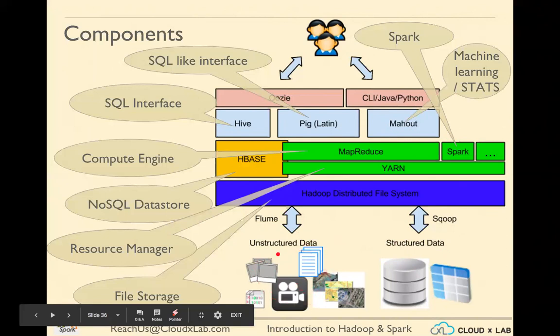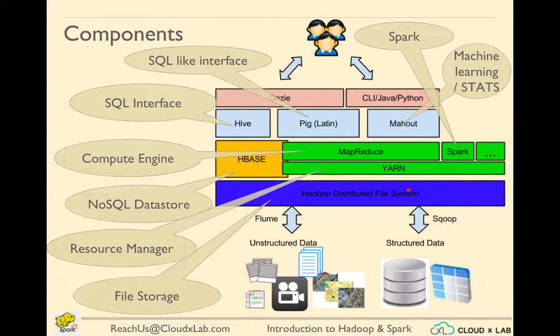So Flume basically transports a lot of unstructured data from one place to another.